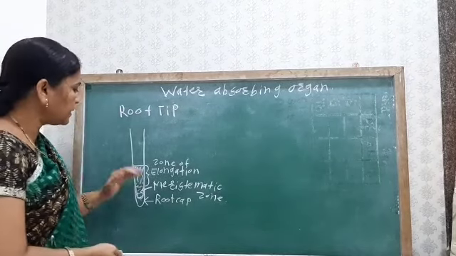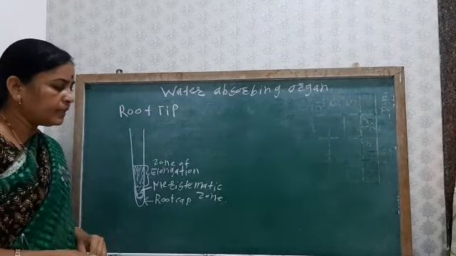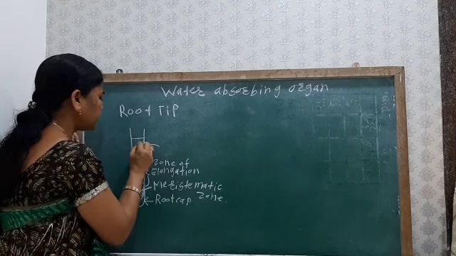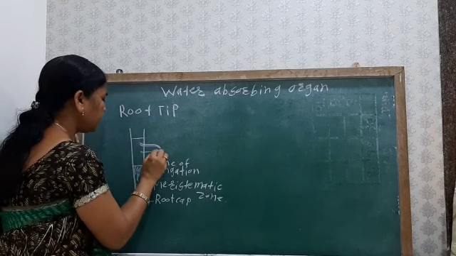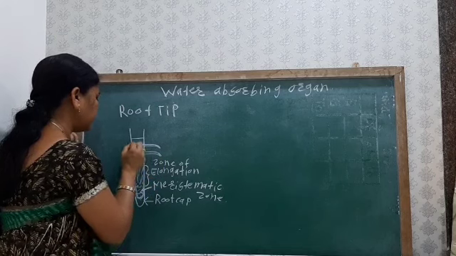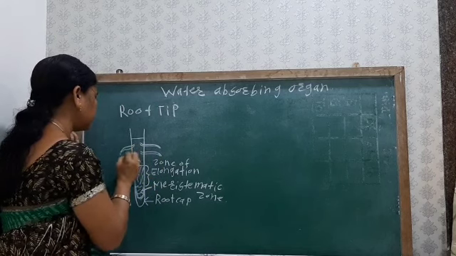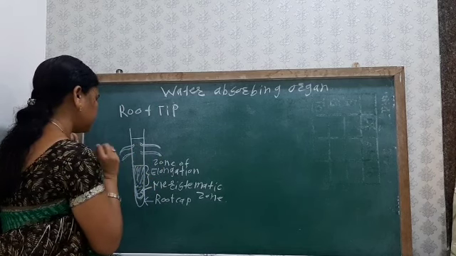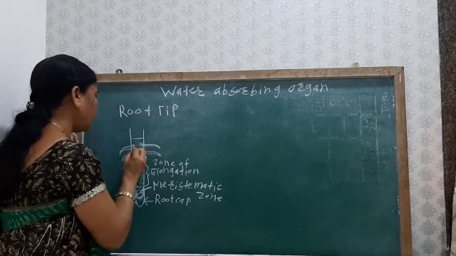Then the next zone is the zone of absorption. In this zone of absorption there are root hairs like this. This whole region is the zone of absorption.